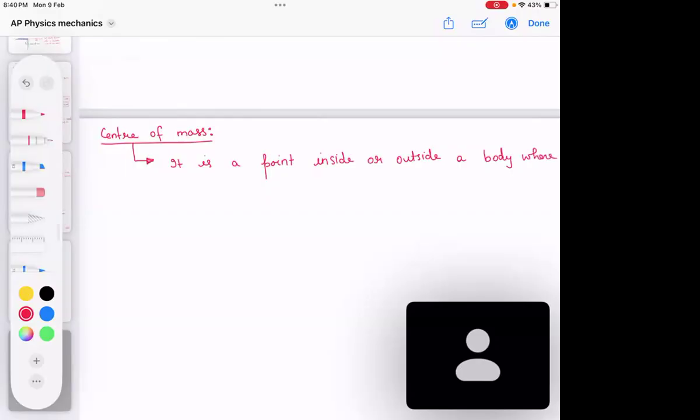where all the mass of a system, if it is a body, for the body, sometimes it is a combination of bodies. Okay, so it is a point inside or outside a body where all the mass of a system, see that. Now the important word, can be assumed to be concentrated.